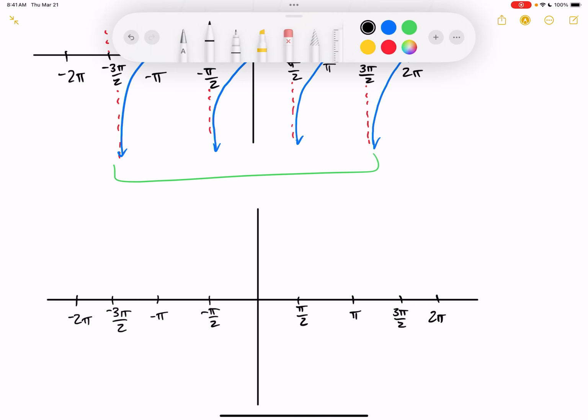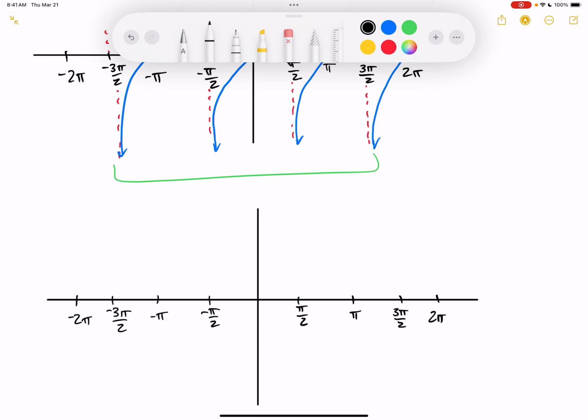And something I noticed on your quiz is that several of you did not put increments on your parent function graph, and if you lost points, that probably is a good reason why you lost them, because you didn't have that on there. So make sure when you do them for the test that you put those markings on here.